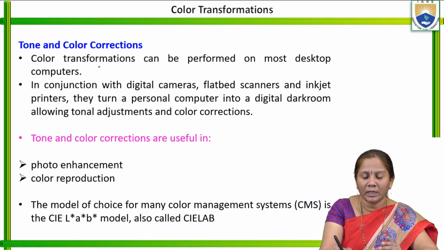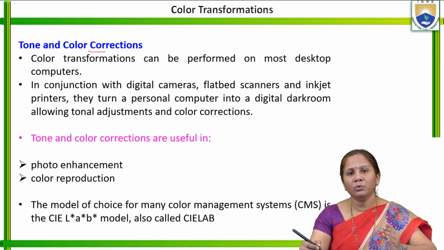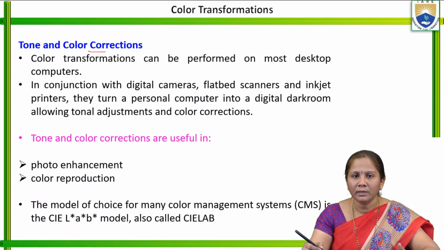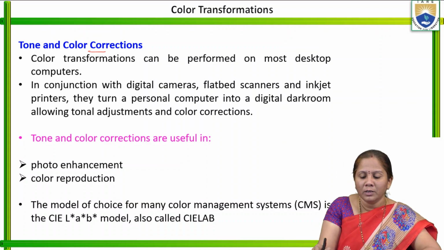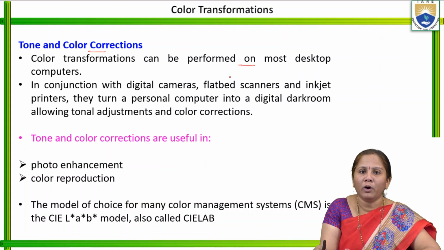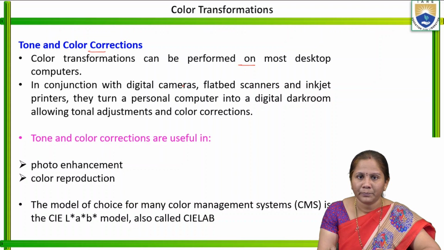Next, coming to the next subtopic, that is tone and color correction. We have to modify the color correction and enhance the color compared to the input image. Color transformation can be performed using desktop computers.